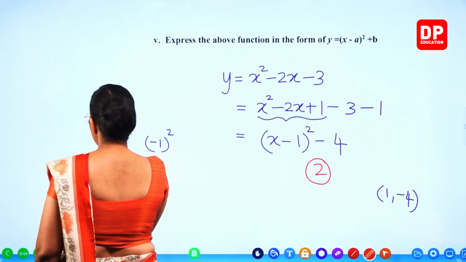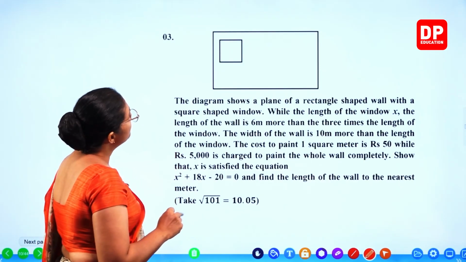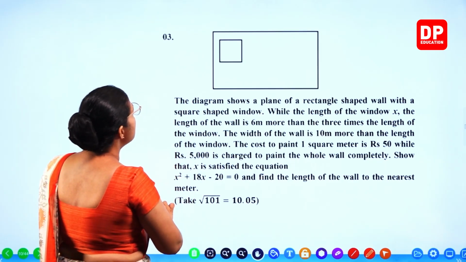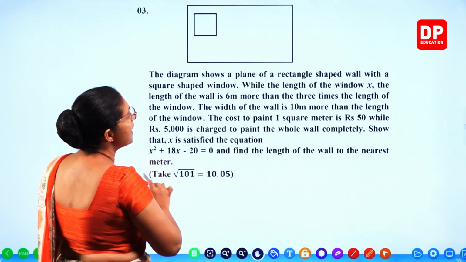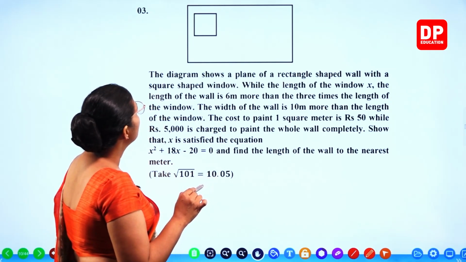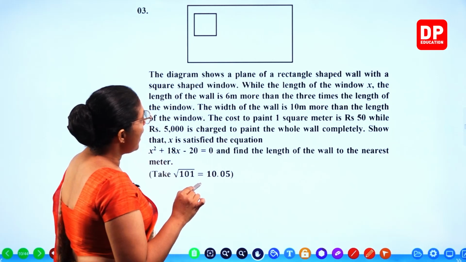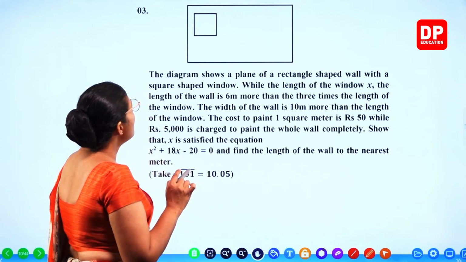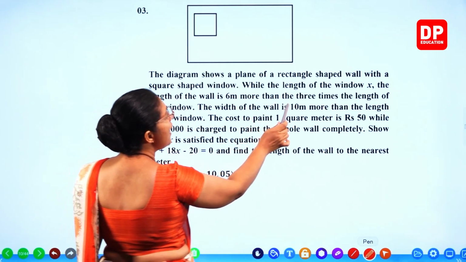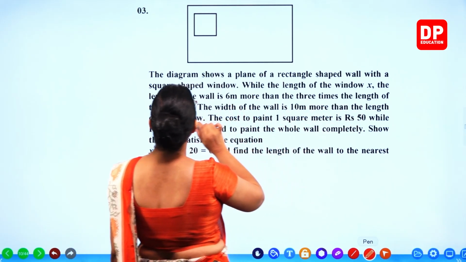Let's do question number 3. This is about area. It says the diagram shows a plane of a rectangle shaped wall with a square shaped window. While the length of the window is x, the length of the wall is 6 meters more than 3 times the length of the window.